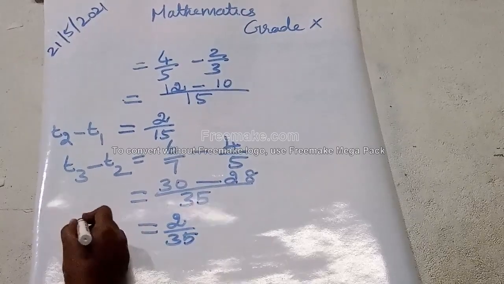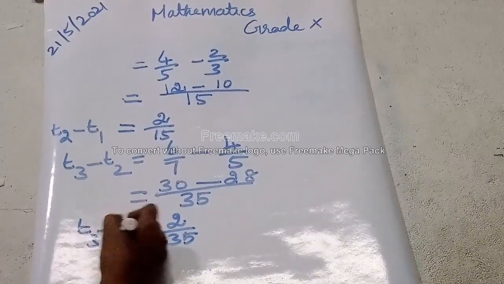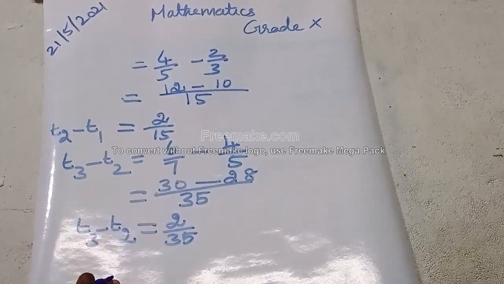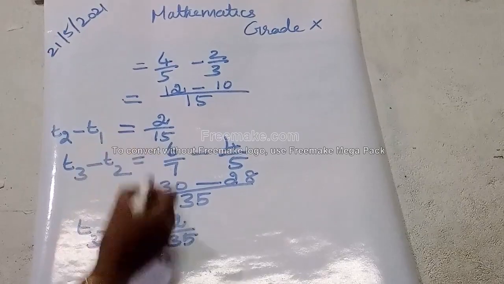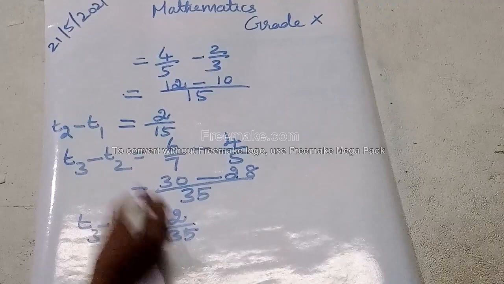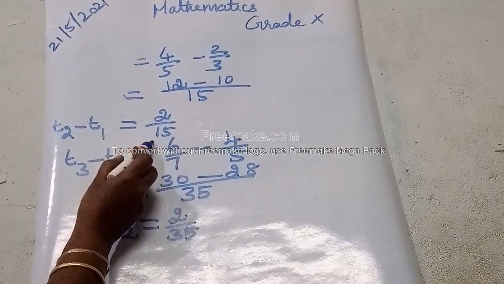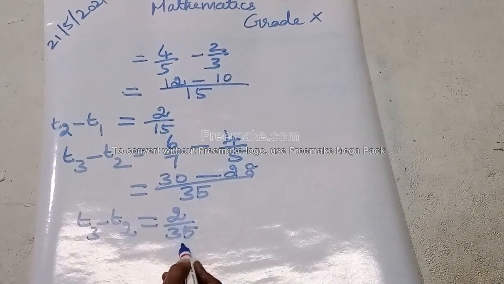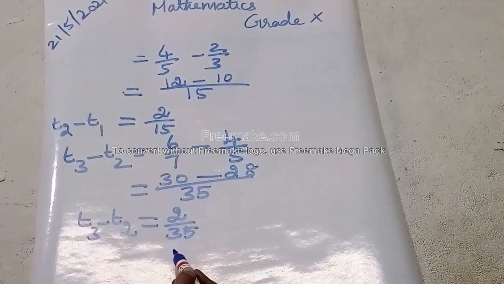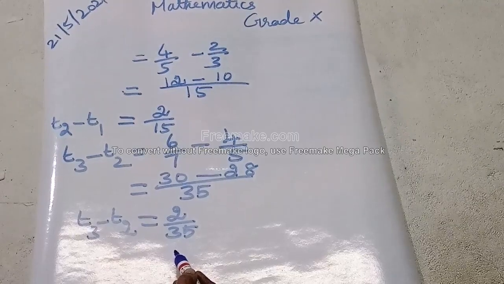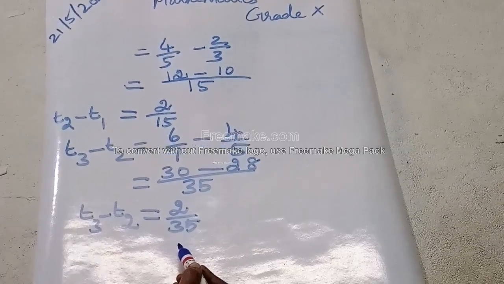That is T3 minus T2. Now we have to compare T2 minus T1 and T3 minus T2. Is it the same? No. T2 minus T1 is 2/15. T3 minus T2 is 2/35. Is it the same? No, not equal. So T2 minus T1 is not equal to T3 minus T2.